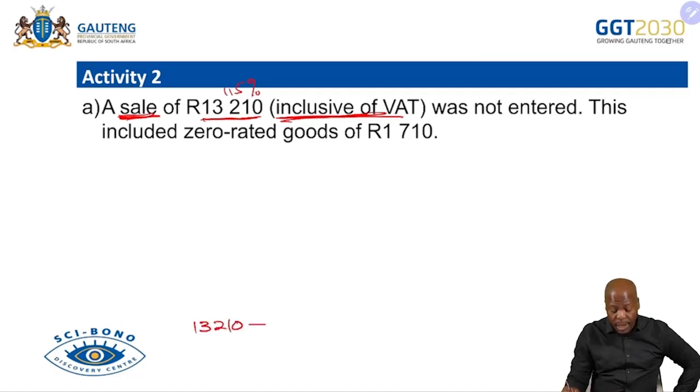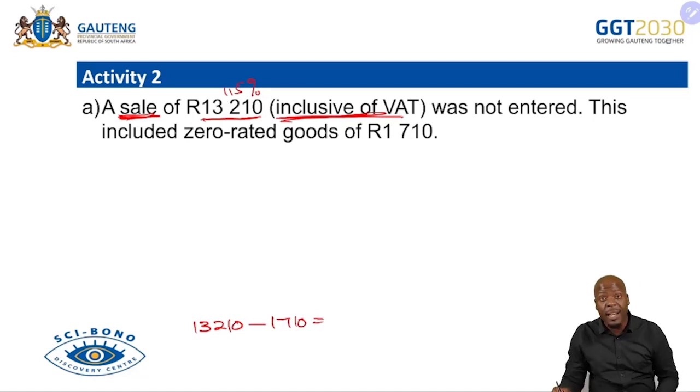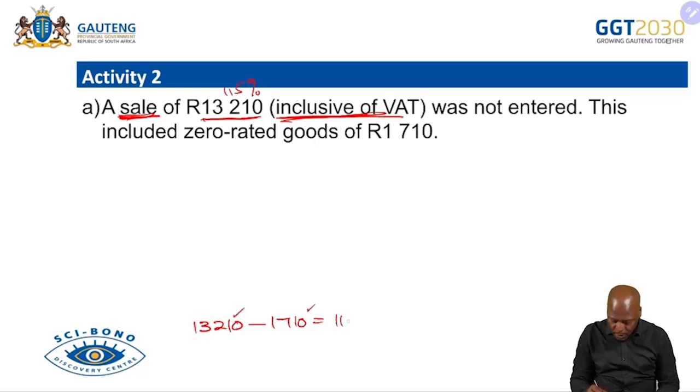I then subtract. What do I subtract? My zero rated goods, 1,710. How much then, learners, do I get? Please give me, if you say 13,210 subtract 1,710, you're telling me it gives you 11,500.